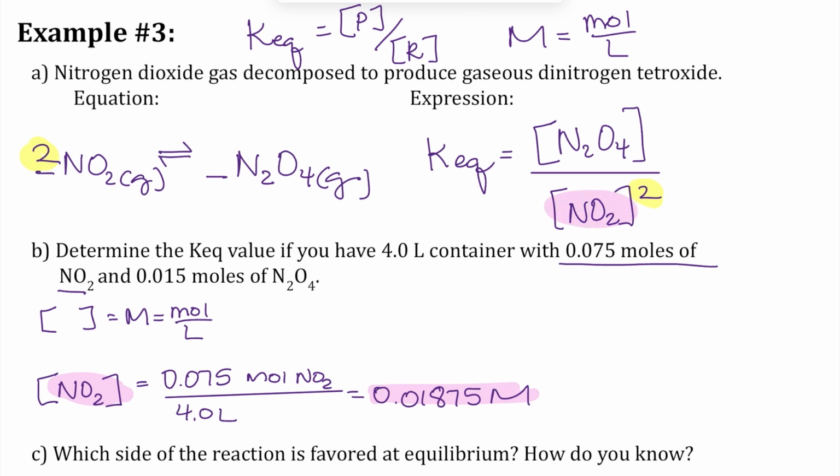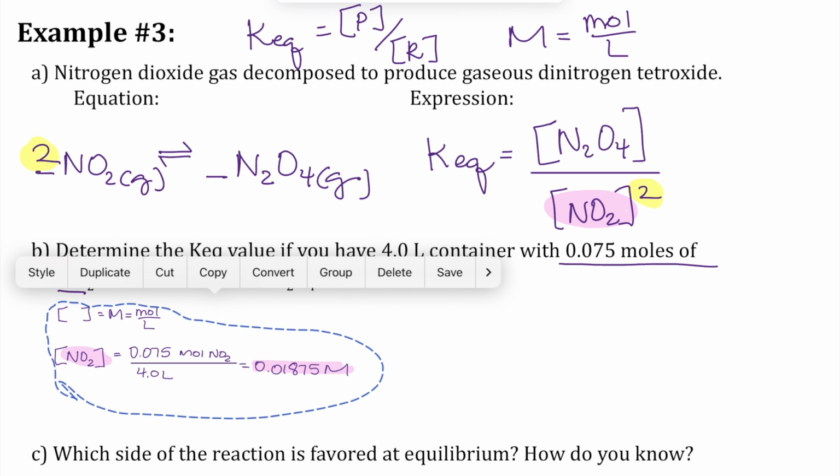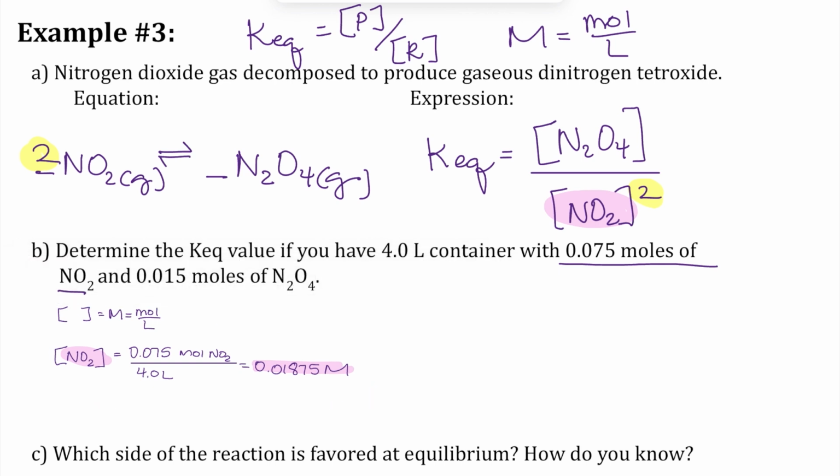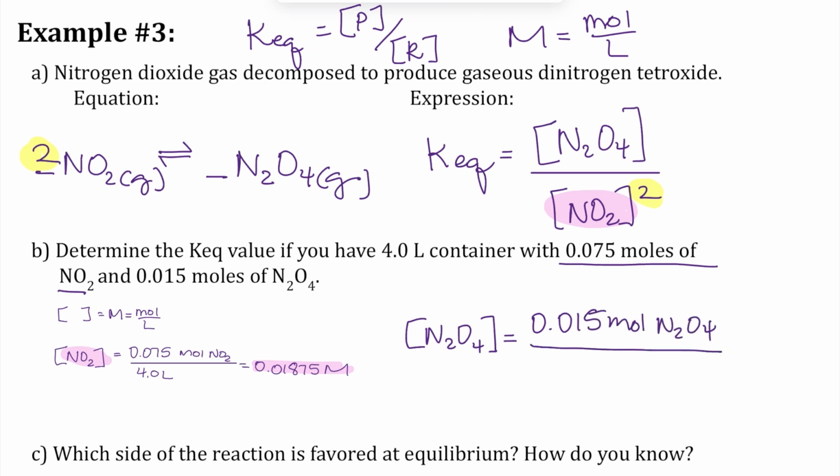But now I know the concentration of that NO2. I can also find, well, what is the concentration of my other gas? Doing the same thing. They're in the same container. So then we're looking at, well, what is the concentration of our N2O4? Well, moles per liter, we have 0.015 moles of N2O4 in that 4-liter container.